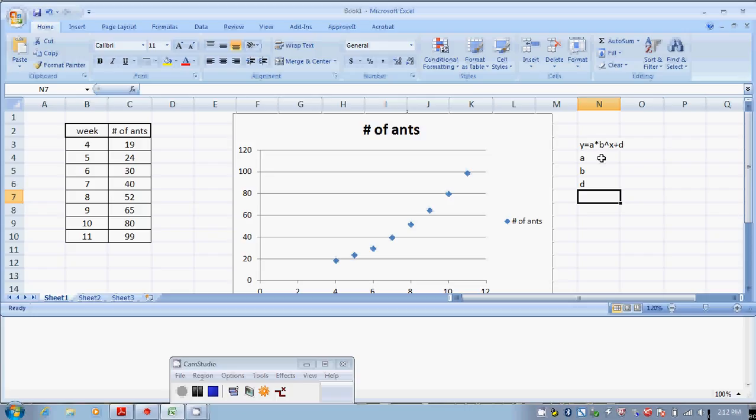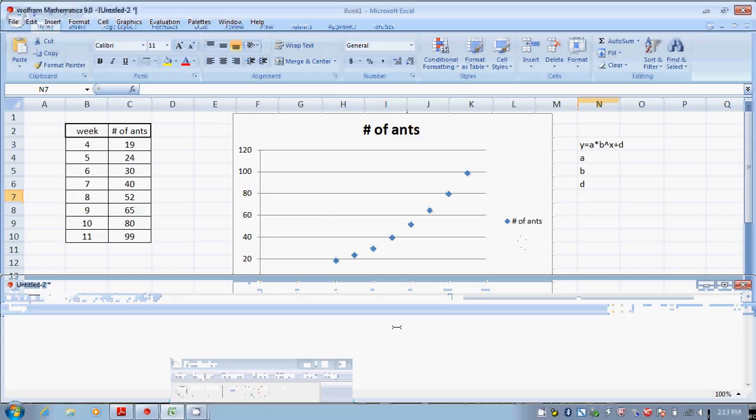For method 3, we have to pick 3 representative data points, and from that we have 3 equations to find our 3 unknowns. So looking at the graph, let's suppose that the data points corresponding with weeks 4, 7, and 11 best represent this data. With that, we're going to turn to Mathematica to solve for those parameters.